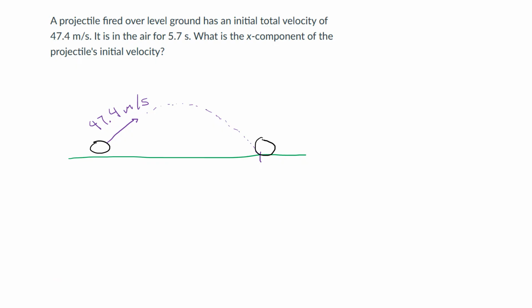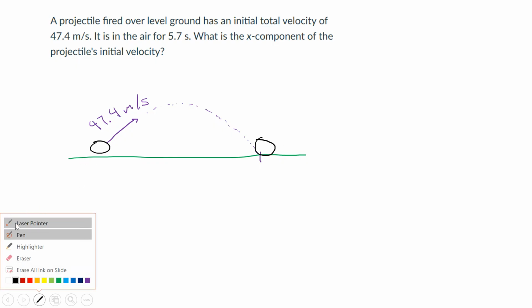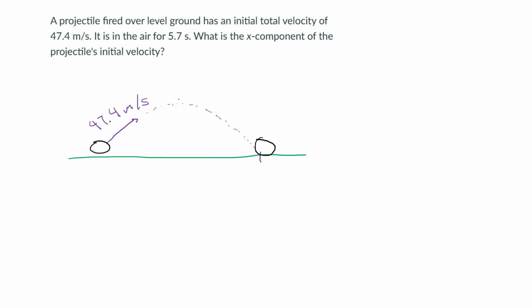I don't know what right here is, but there's a couple of things they tell me that I do know. I know that the total time is 5.7, but when it's at its maximum height, it'd be 1/2 of that. So what's that?